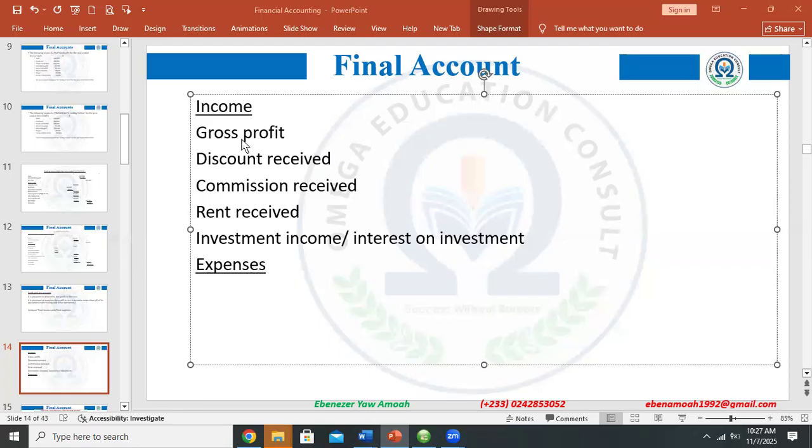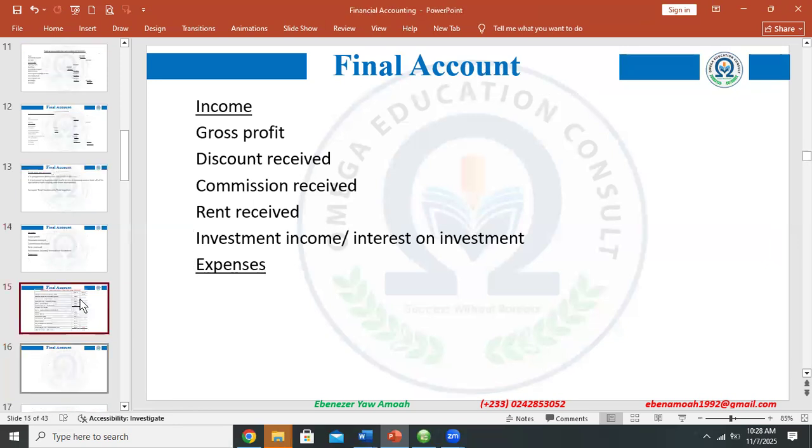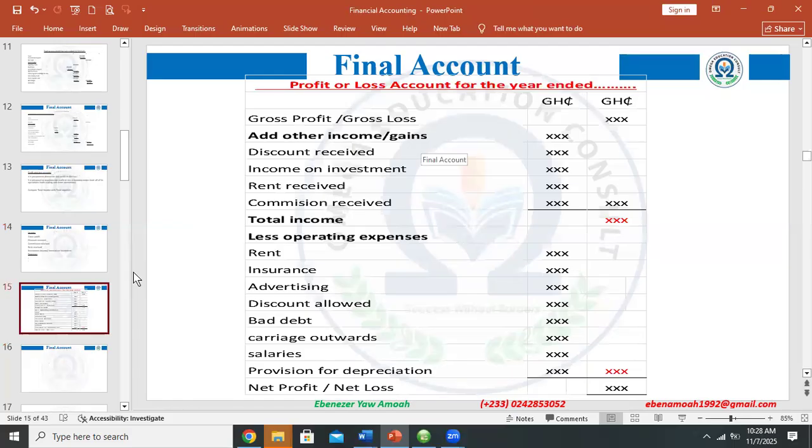And then for the expenses, you know them: rent and rates, lighting and heating, advertisement, salaries, insurance, discount allowed, depreciation, interest on loan, all those things, they are there. So let's look at how you sum them up in the formats. So this is the format, ladies and gentlemen, of the profit and loss account. That one also has a heading: profit or loss account for the year ended.